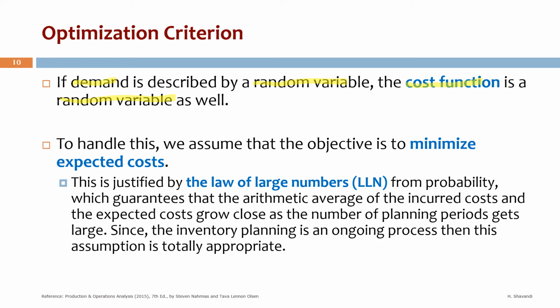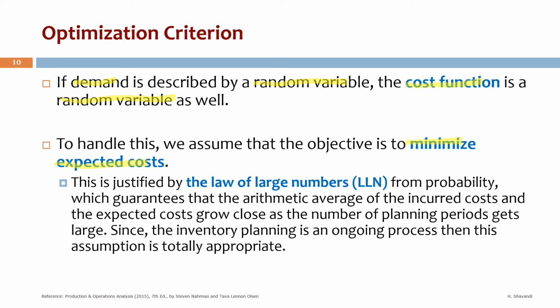It's impossible. So in order to handle this, we need to consider minimizing the expected cost, right? So we will take the expected value of the cost function, and then we will minimize that expected function.